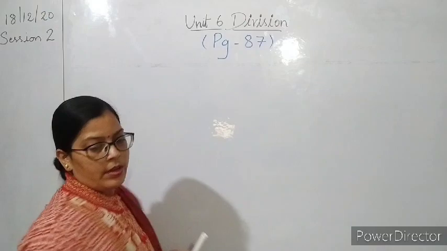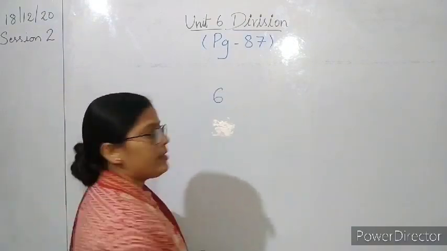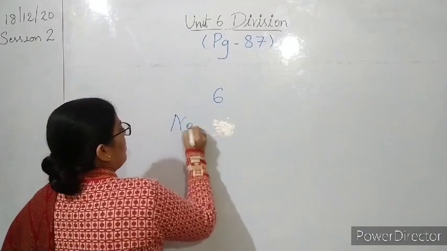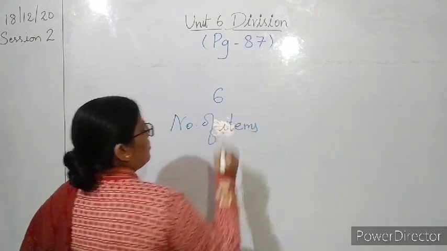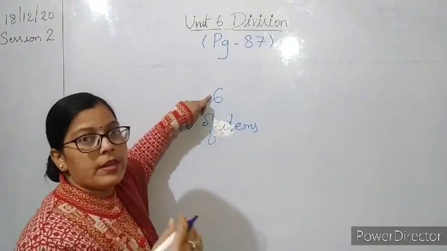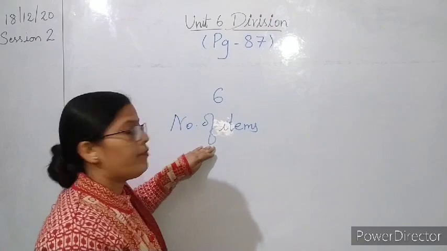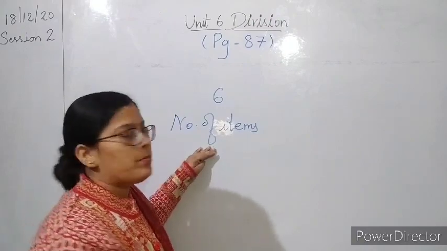Here the dividend is the number of items. Here 6 is the number of items. The dividend is the number of items which we have to divide among the groups.